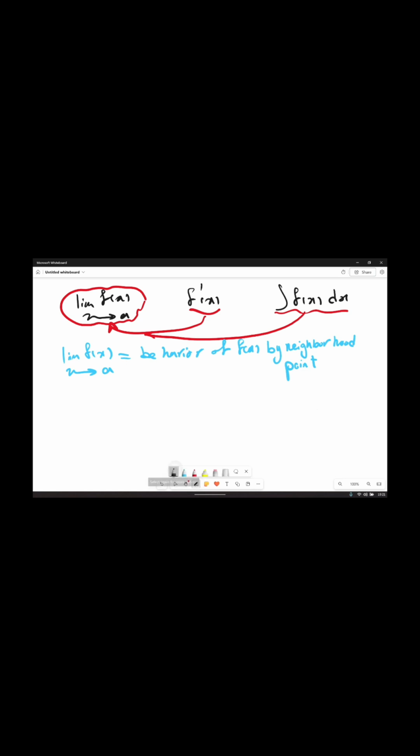Neighborhood point, what's the meaning of this? For example, this is the x axis, and this point is x equal to a.